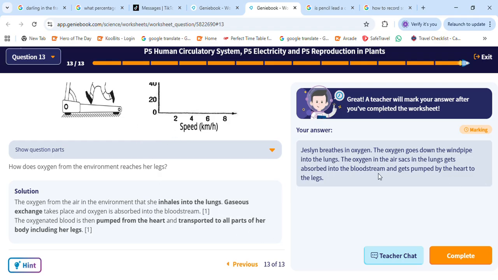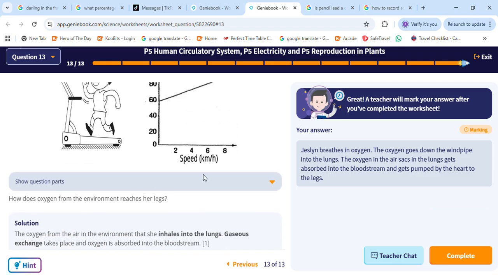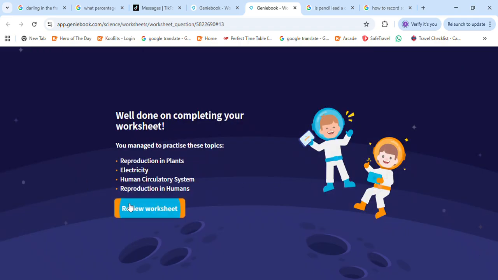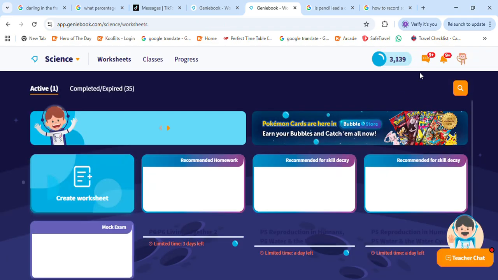Blood is then pumped by the heart and transported to all parts of the body. Well, you should get at least 1 mark here, right? Yeah, at least 1 mark. At least. Woo!